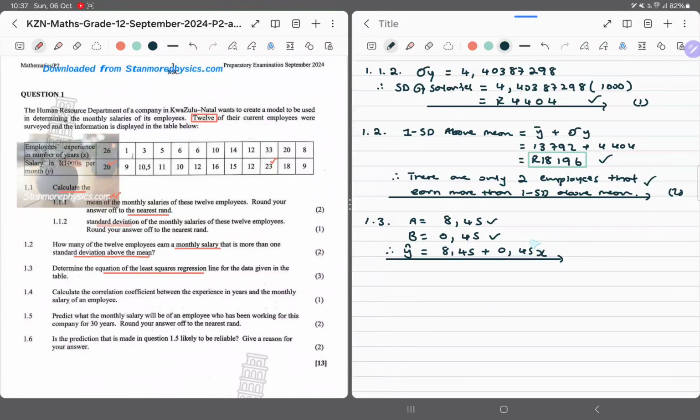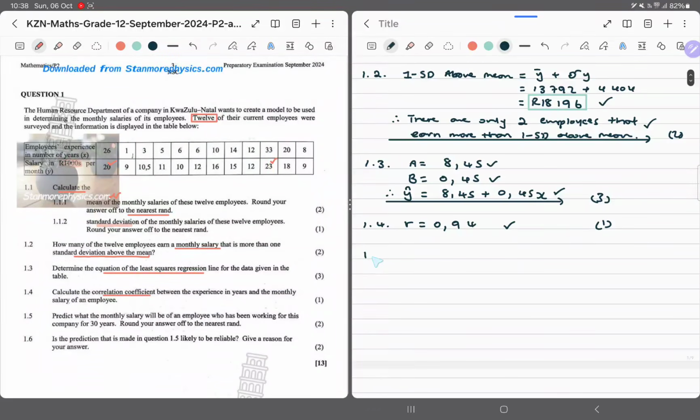So we get a mark for each one of those 3 items. 1.4, we are told to calculate the correlation coefficient. Again, this is easy. Shift, stat, which is 1. We go to regression. We choose option 3, which is R. So all we just write is R is 0,94. Okay, so easy 1 mark there.